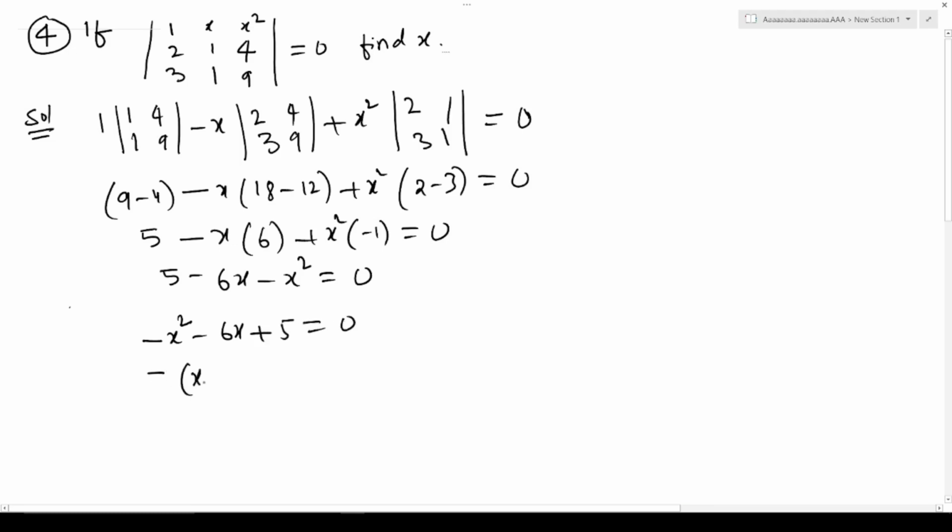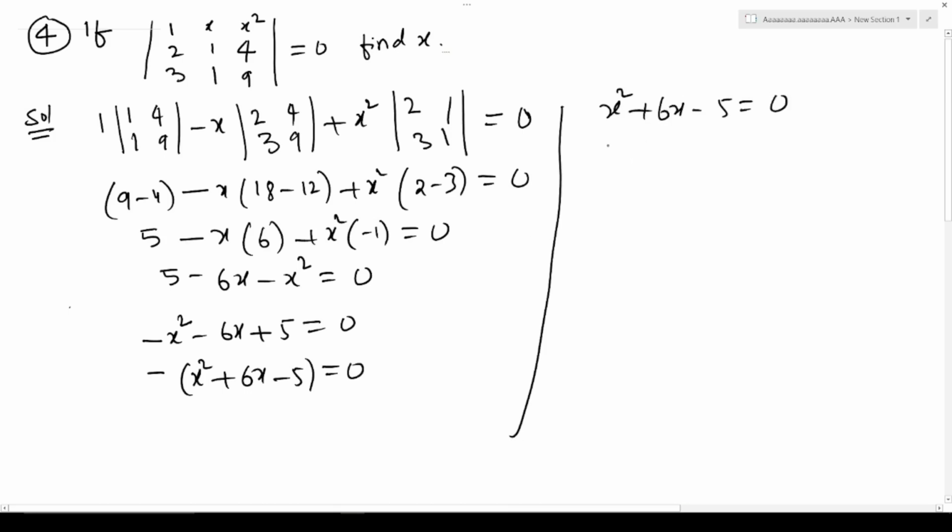Taking minus common, x square plus 6x minus 5 equals 0. Now we have x square plus 6x minus 5 equals 0. We can't find the factors by factorization, as we see that no factors are possible. Therefore going for the quadratic equation.